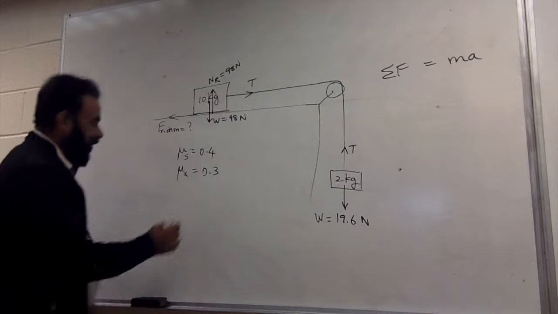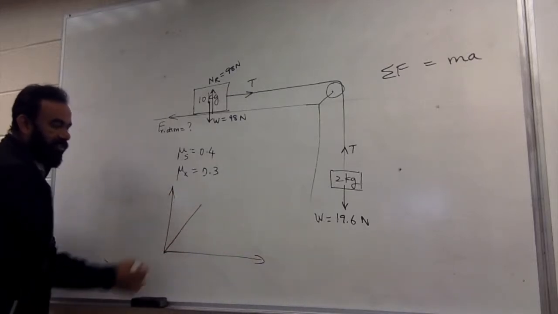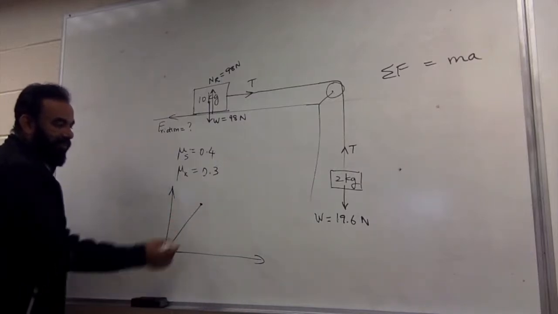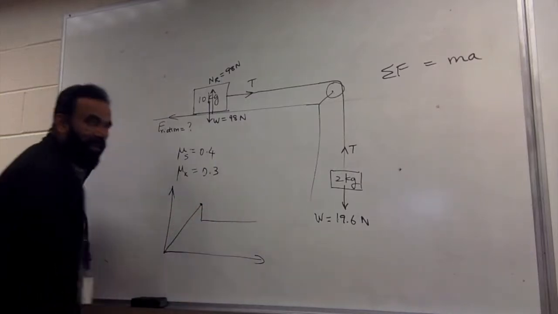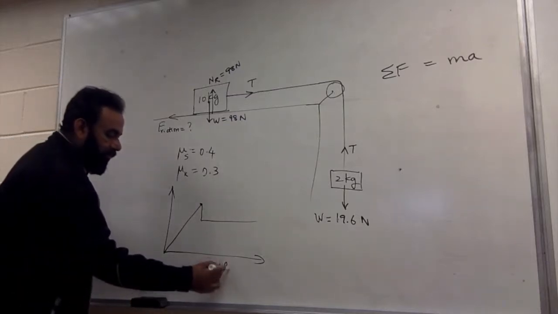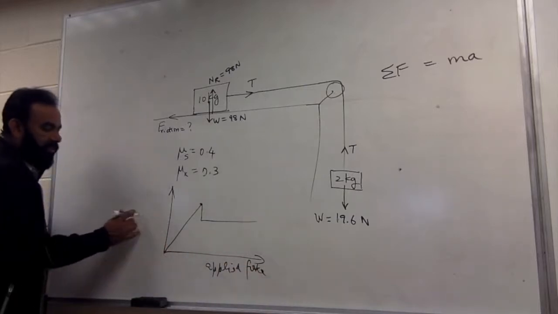The static friction grows. I have given you the graph already, I'm still putting it out here. The graph of static friction goes up like this, all the way till here, and then drops down to a new value when it is starting to slide. So this is the applied force, and this is the friction.